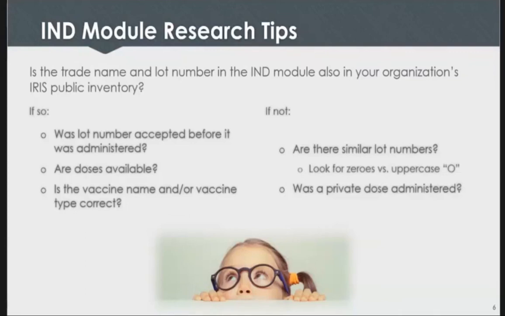I think some tips for researching those is to look at maybe the first few doses administered of the lot to see if they were from a previous lot, or see if there's any gaps in the vaccination dates for the lot to see if those are some tricky ones, but that's where I would start, is looking at the first few and the last few doses administered for the lot to determine if there was another lot that was being worked through in your vaccine storage unit.